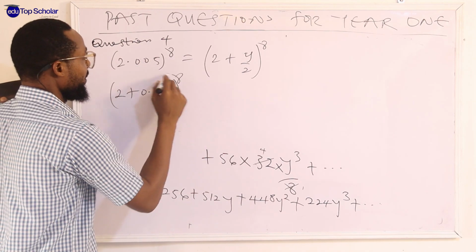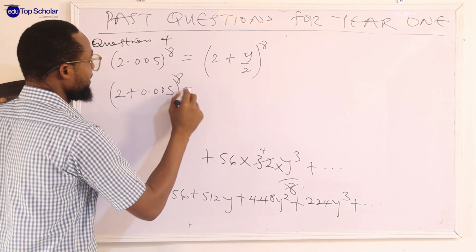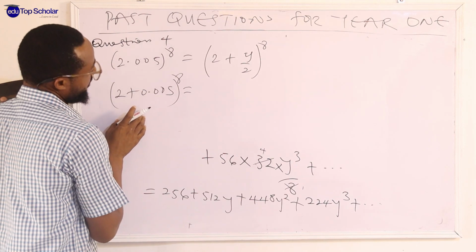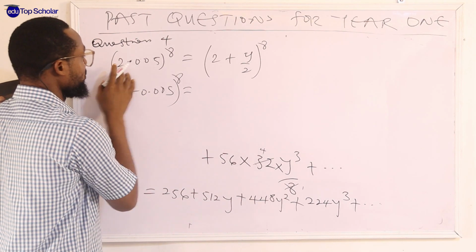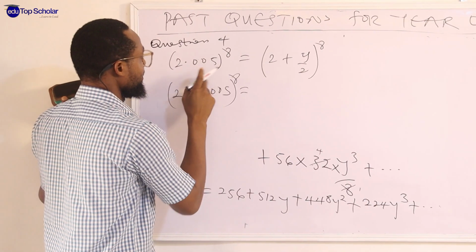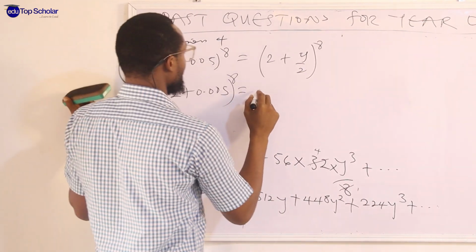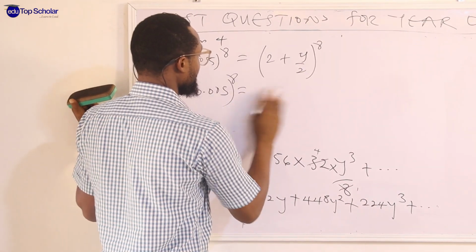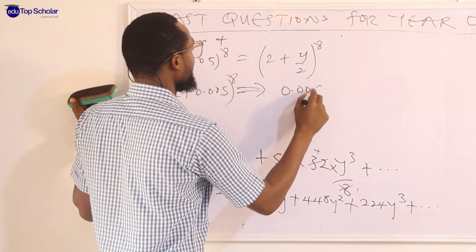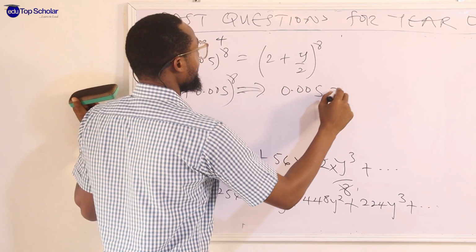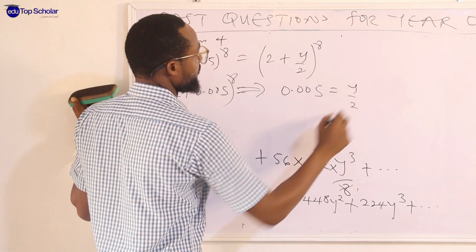All of this one is power 8. So this implies that our first term here is now 2, which is this, and it implies that 0.005 is equal to y over 2.